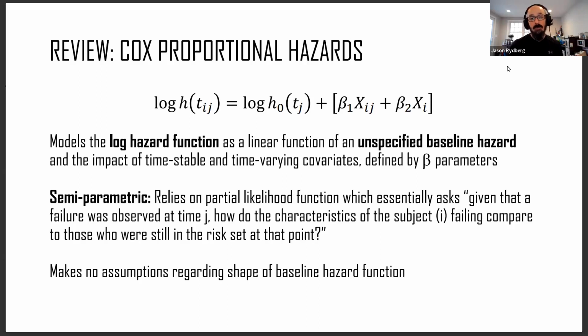And so again, this is the way that the model tries to compensate for censoring, in that it is not borrowing too much information from censored observations, only comparing them to individuals who do fail, and then using those comparisons to create these hazard ratios.